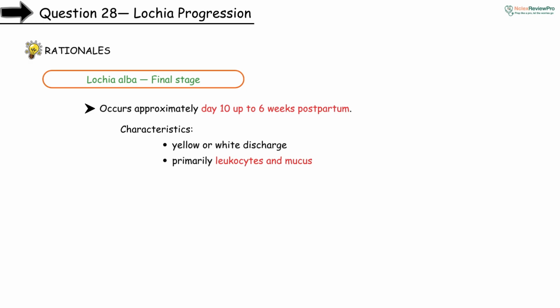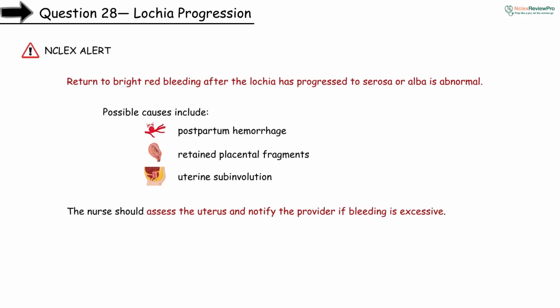The discharge becomes yellow or white. It mainly consists of leukocytes and mucus as healing continues. Here's your NCLEX alert. If lochia returns to bright red after progressing to serosa or alba, that is abnormal. This may indicate postpartum hemorrhage, retained placental fragments, or subinvolution, and it must be reported.